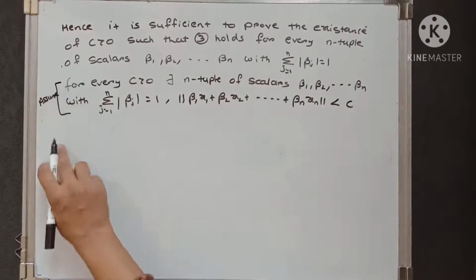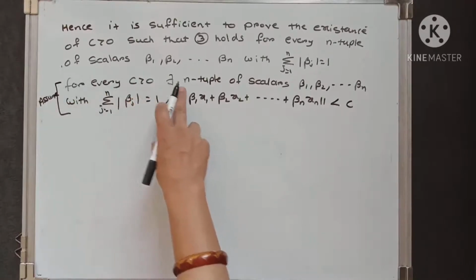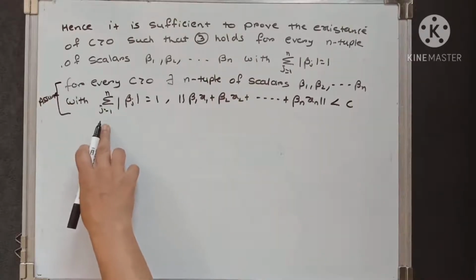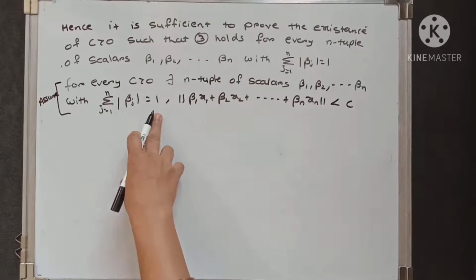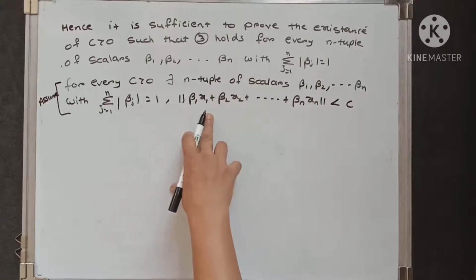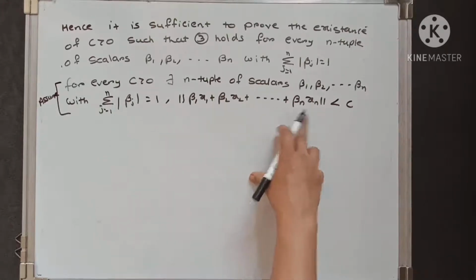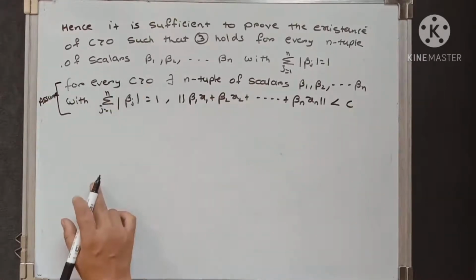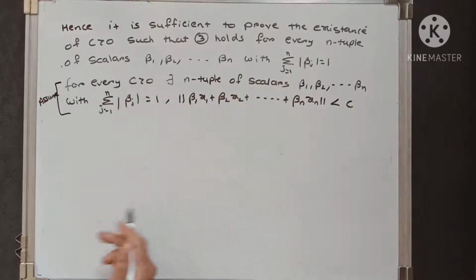We assume that for every c greater than 0, there exists an n tuple of scalars beta 1, beta 2 up to beta n, with summation of mod of beta j equals 1, but norm of beta 1 x1 plus beta 2 x2 up to beta n xn is less than c. Now this is true for every c greater than 0, so we take values of c.